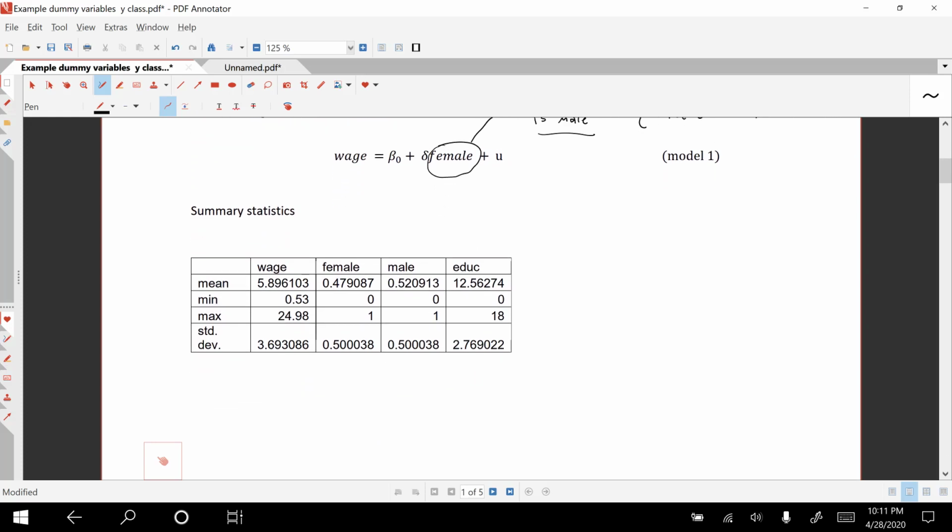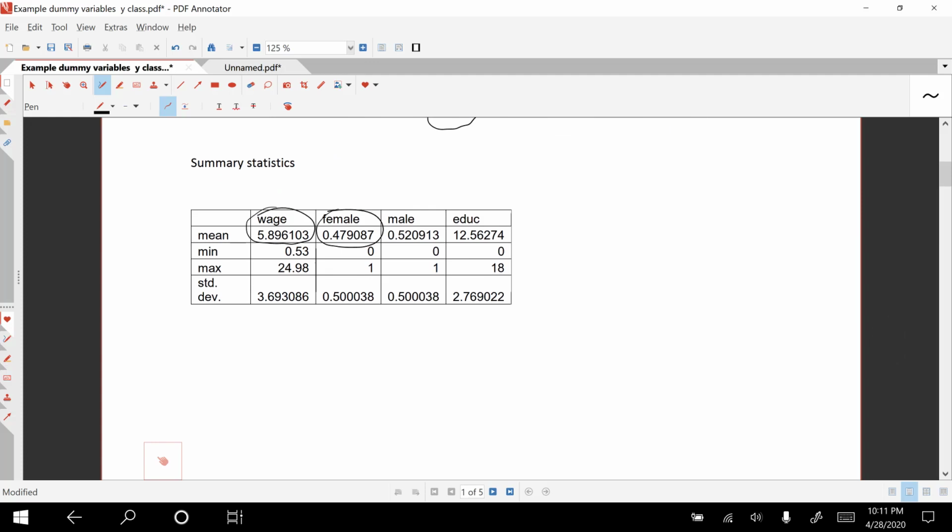Okay, so let's see some more statistics. This is data that's a little bit old. Average wage is $5.9. For the female dummy variable, the average is 0.47. Remember, this is the average of zeros and ones.